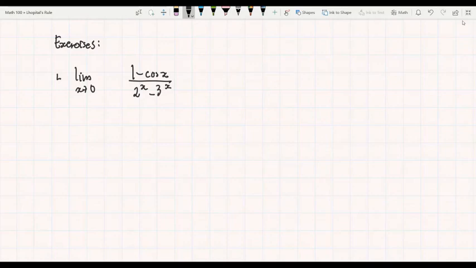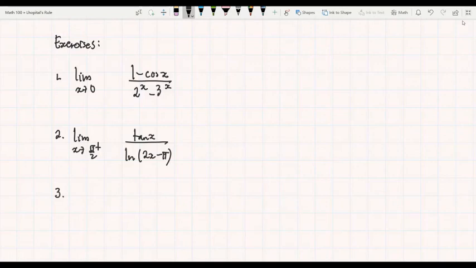So for this one, you might want to revisit the derivative of a to the x. Next, we have the limit as x goes to pi over 2 from the right of tangent x over ln of 2x minus pi.